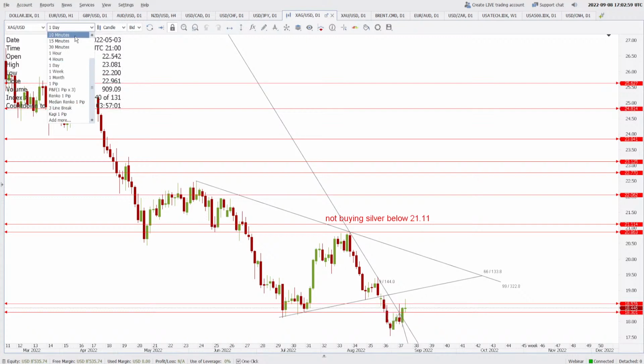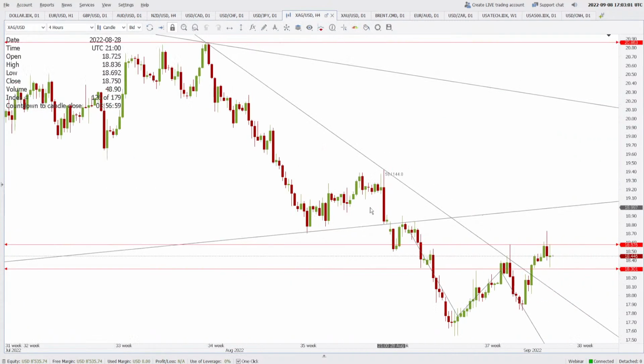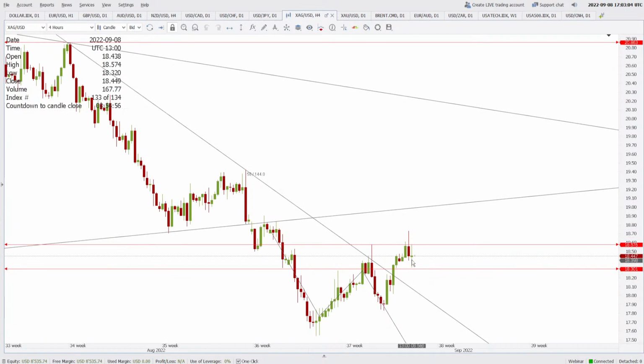But today, when the dollar is strong, silver is falling again, and now it has come into a range of 18.30 to 18.57. Whichever side it breaks down or breaks out will decide the fate of silver against the dollar. Okay, so 18.57 on the upside, 18.30 on the downside.